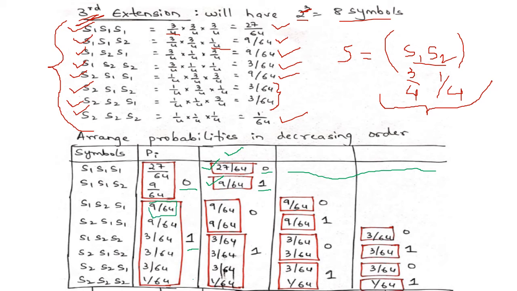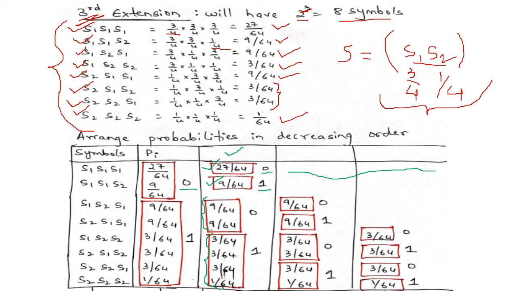in one group, and if I consider all the remaining elements in the second group, again the group probabilities are not approximately equal. There is a huge difference. Hence, we have considered 9 by 64 and 9 by 64, 2 elements in one group and all the remaining 4 elements in the second group. And now if we compare both the group probabilities, it is approximately equal.